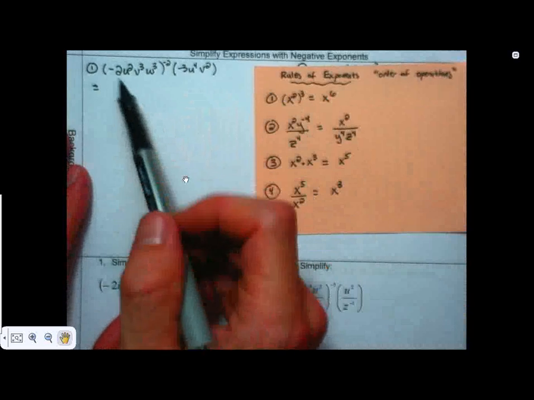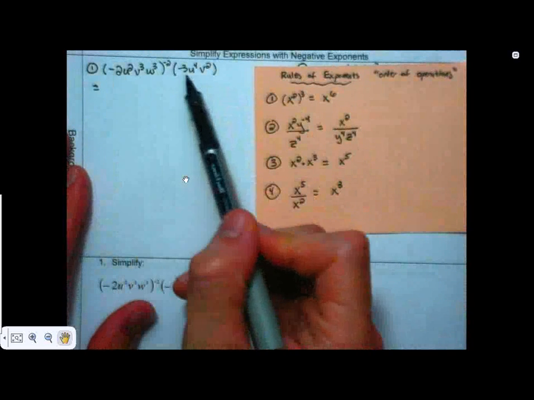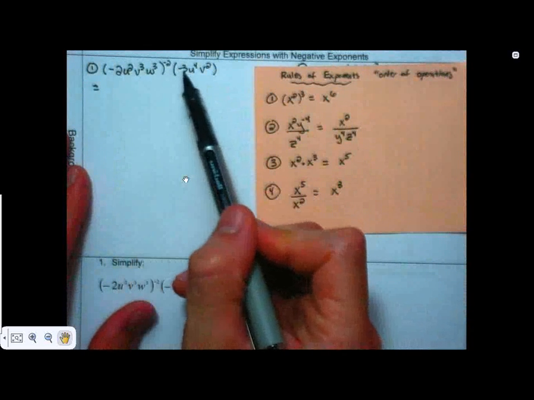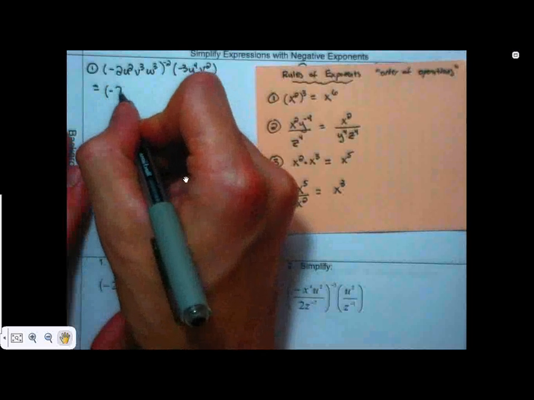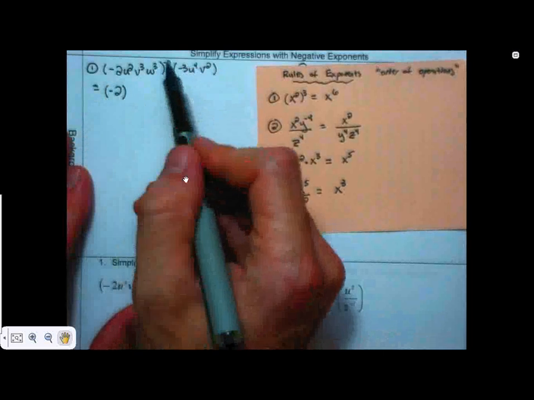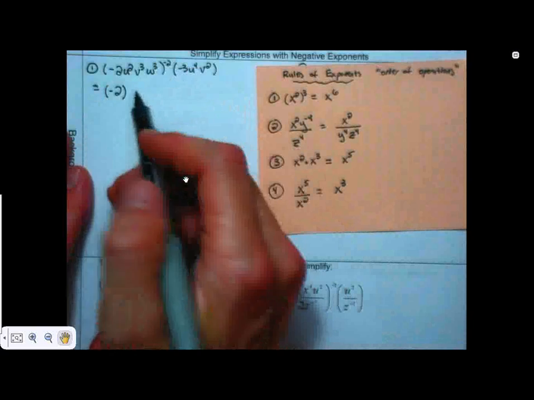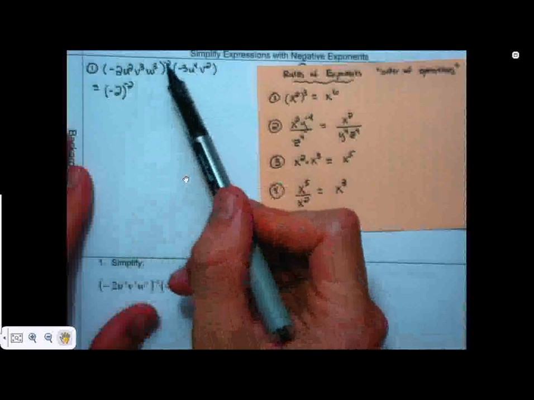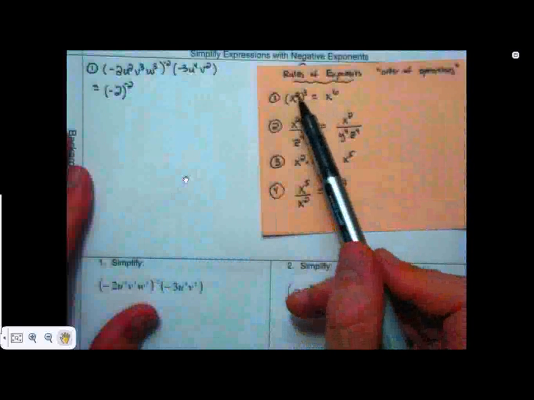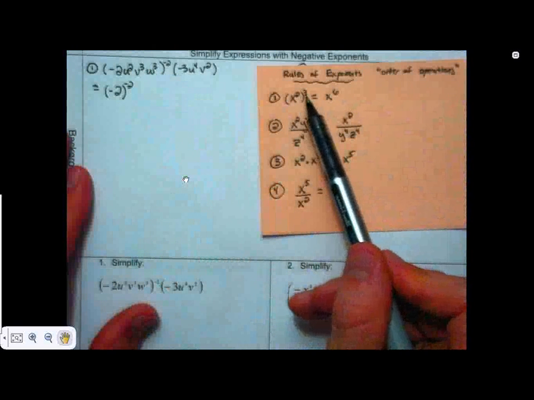If you watched my last video, the way I do the coefficients, like -2 and -3, is I save those until later. So -2 I keep in its own little house, and then I just copy the exponent on the outside. For everything else, I'm using my rule number 1, which basically entails multiplying the exponents together.